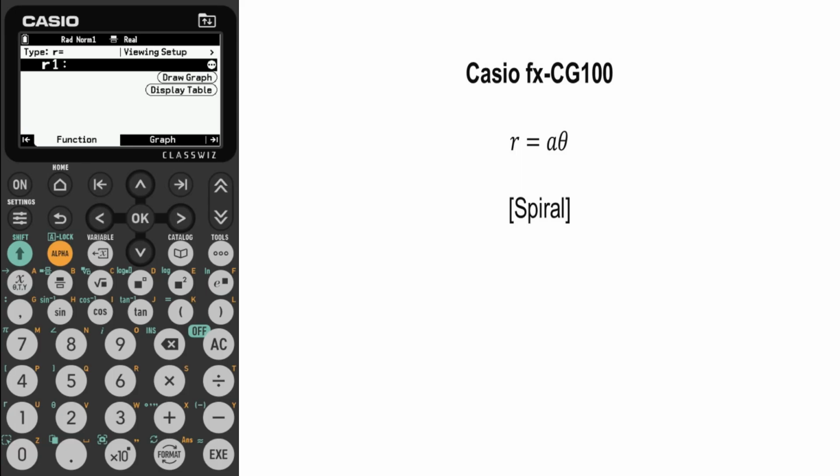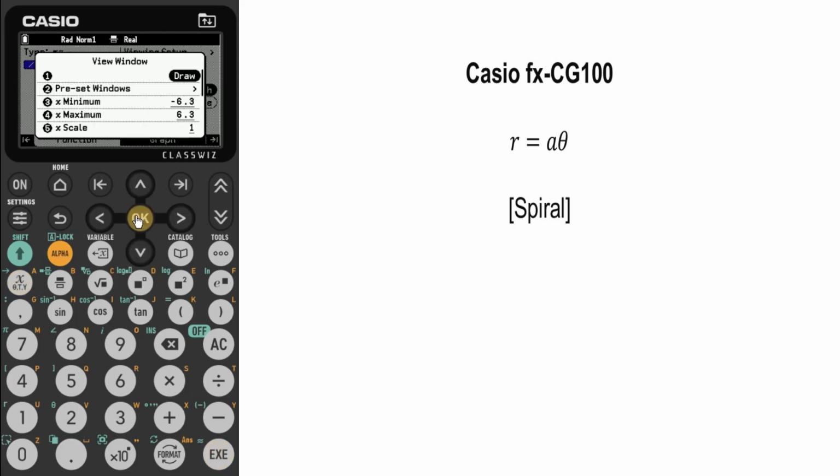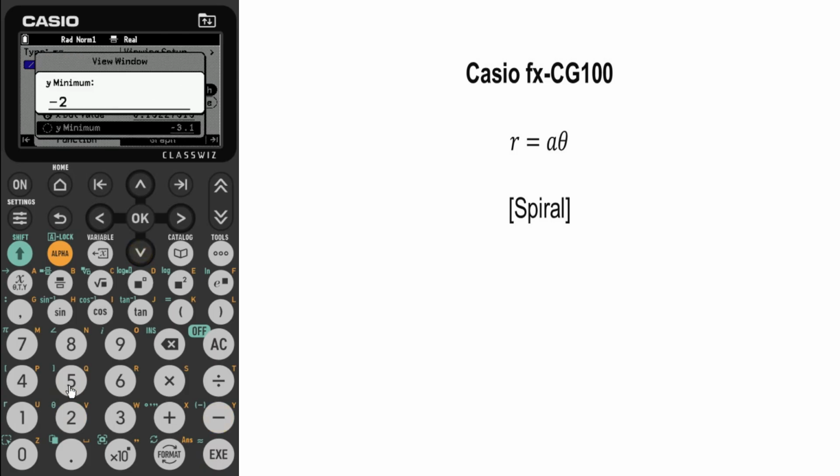Let's draw the graph of r equals a theta. Inputting this into our calculator, we have r equals a theta. Let's draw the graph. Before that, let's change the axis settings. Let's change the x minimum to be negative 25, the x maximum to be 25, the x scale to be 5, the y minimum to be negative 25, the y maximum to be 25, the y scale to be 5.